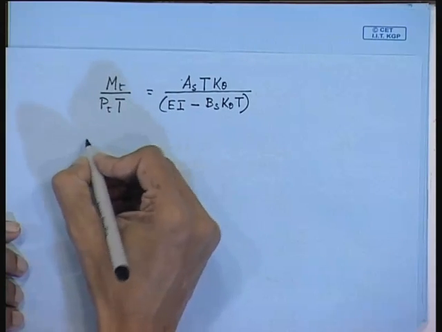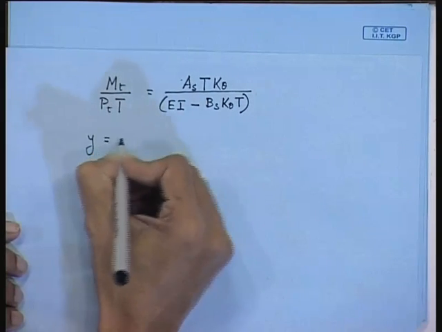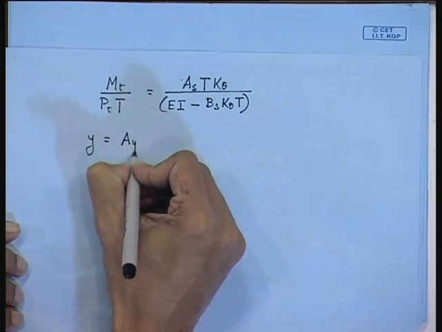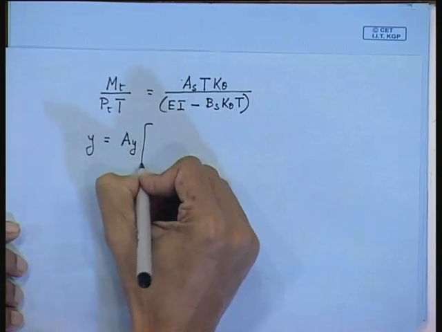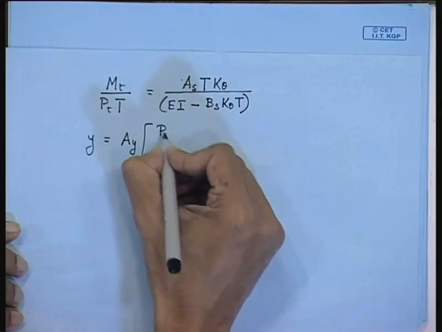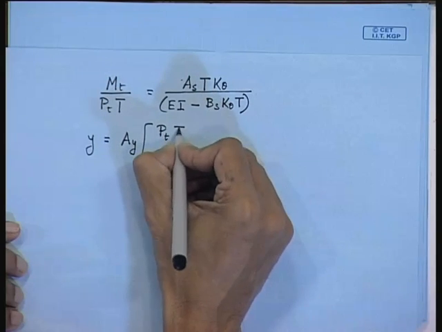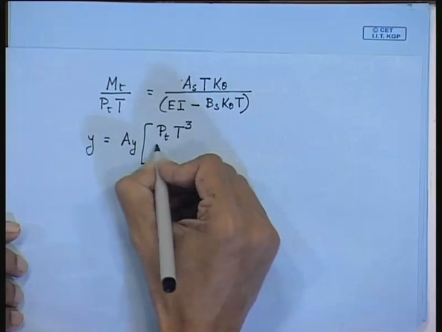So, y equation becomes AY, this is PT, T cube.